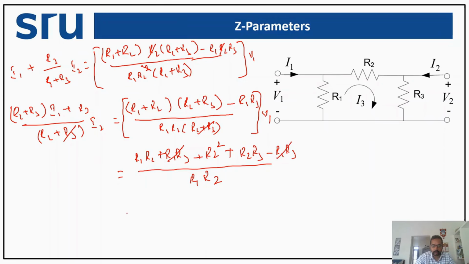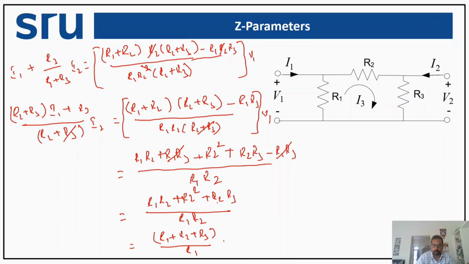So what are we going to have here? R1 R2 plus R2 square plus R2 R3 divided by R1 R2. Now if you observe here, we have R2 as common, so we take it as common. So R1 plus R2 plus R3 divided by R1 into V1.